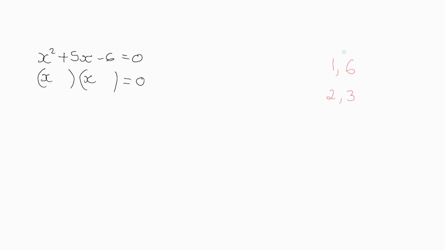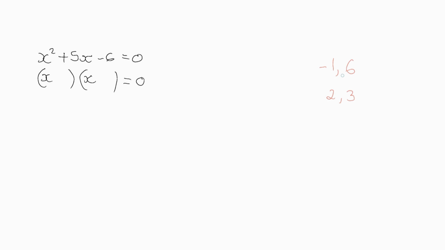So here I think we can use this pair of 1 and 6, but the 1 has to be negative because -1 multiplied by 6 is equal to -6, which is this one. Also, -1 plus 6 is equal to +5, which is this one, the coefficient of this x.